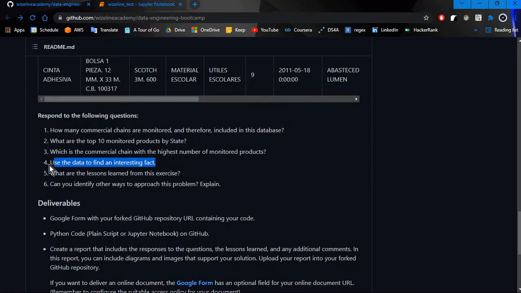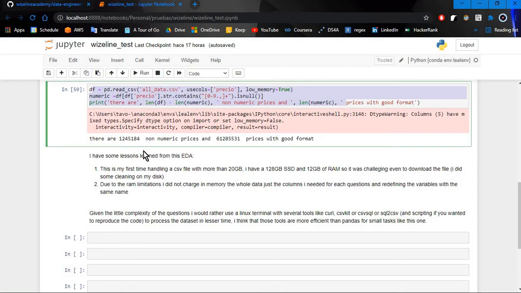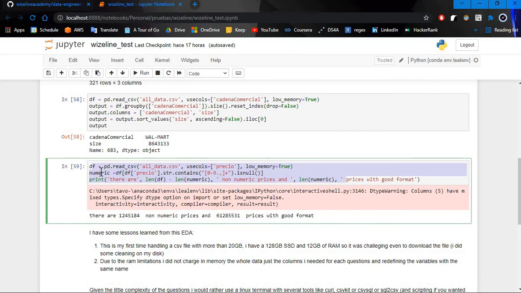And the fourth question is to use the data to find an interesting fact. I just wanted to analyze the null values in price. I get all the values that comprise the numeric values.